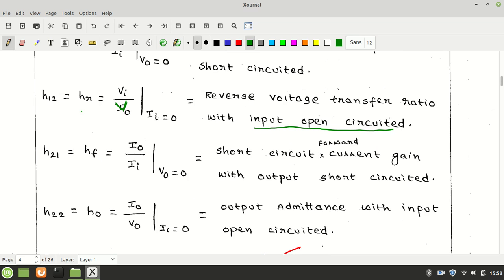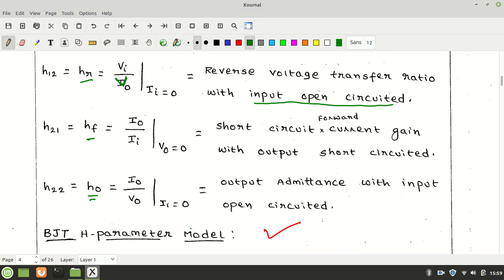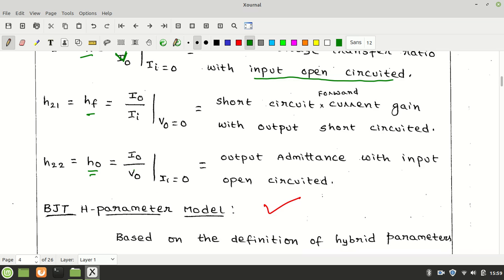So these two terms are actually dimensionless. First one is of dimension of ohm, that is impedance, and the last one, I0 by V0, is actually a dimension of admittance when the input is open circuited, Ii is equal to 0. So it is output admittance.